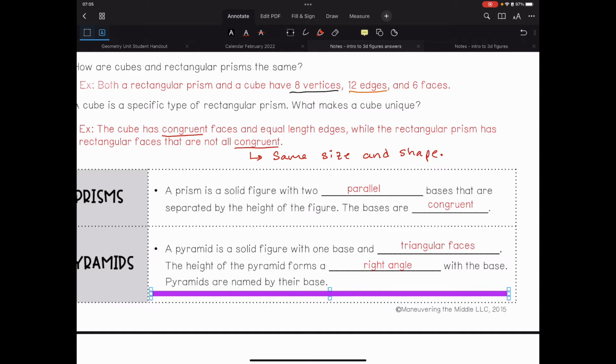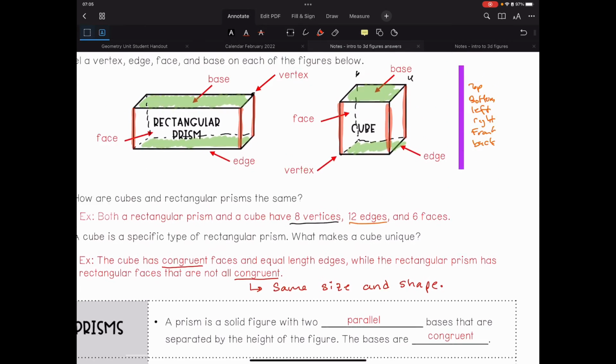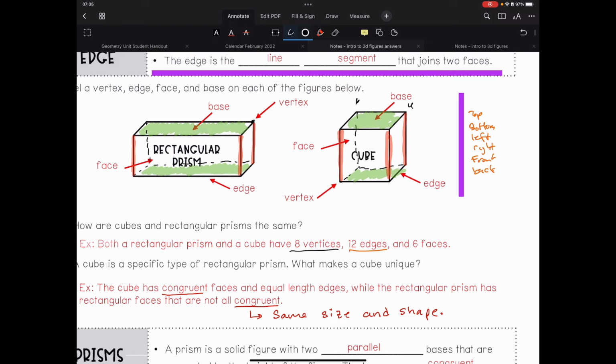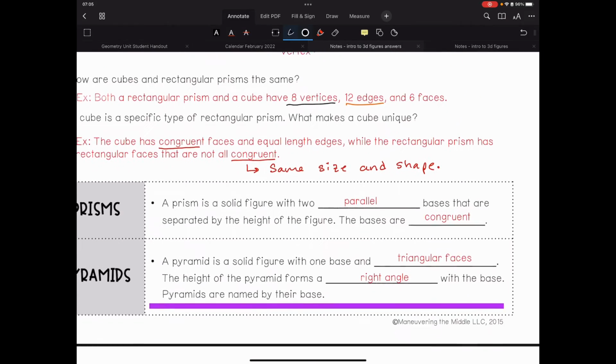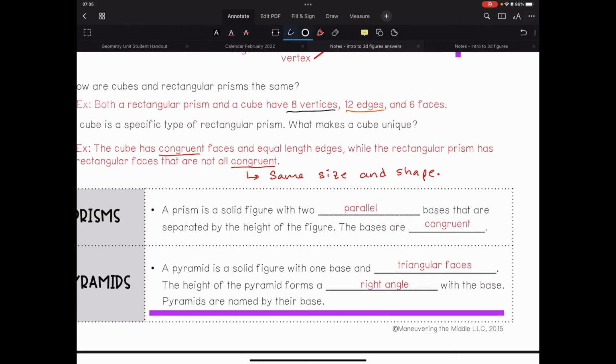So there's no top and bottom like in a rectangular prism or a cube. Instead of two bases like this one here, there's only one base in a pyramid, and it has triangular faces. And the height of the pyramid forms a right angle.